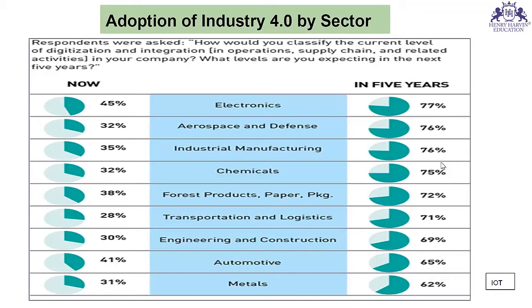If you look at the electronics part, this is where it has been used a lot. You look at aerospace, which was used to a large extent. Industrial manufacturing is a heavy user of Industry 4 techniques, and in all of them you can see that in the next few years their utility, their applications, the implementation is increasing almost twice.